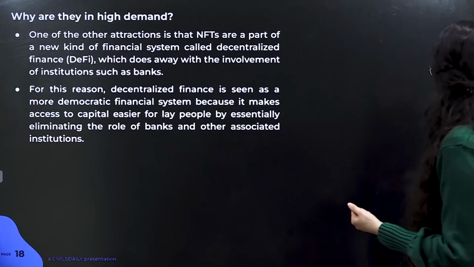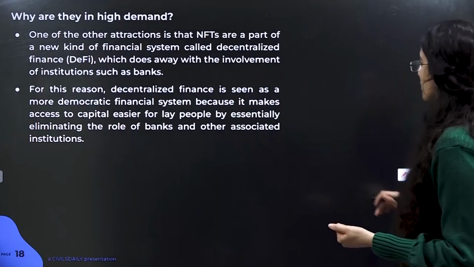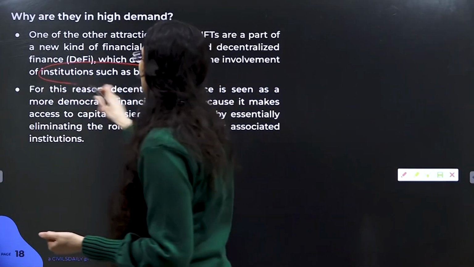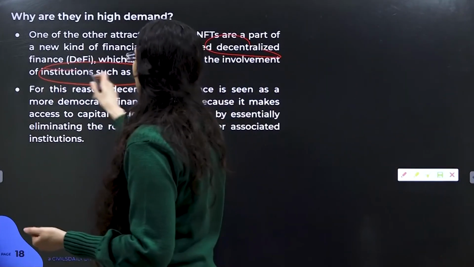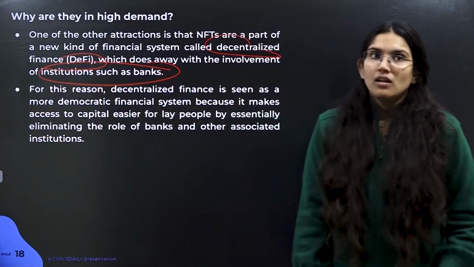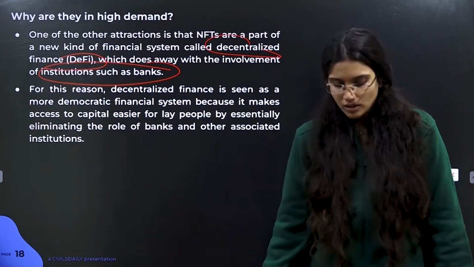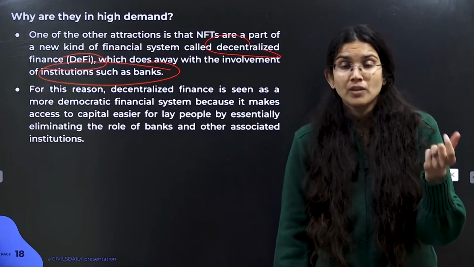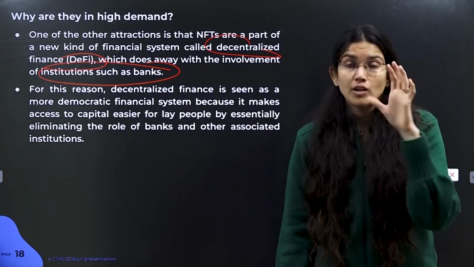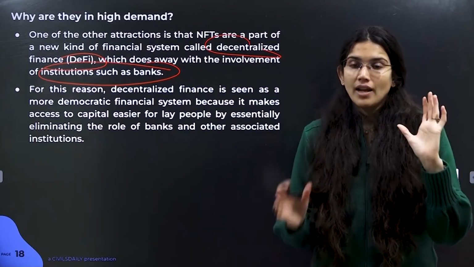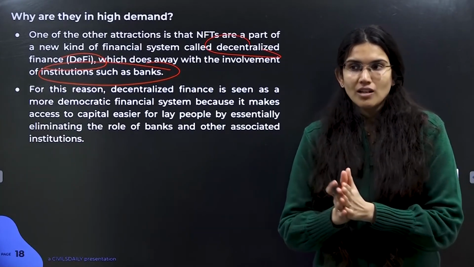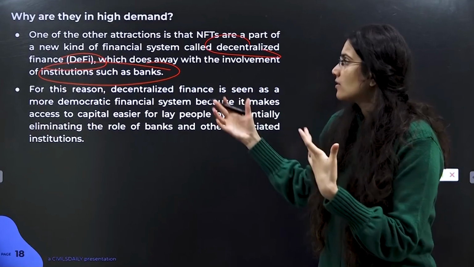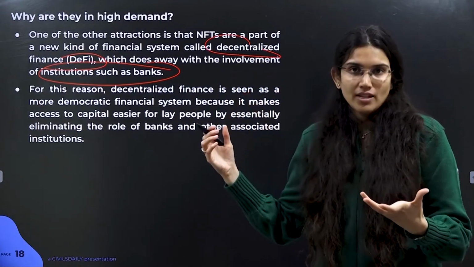Why are they in high demand? Again, they escape the involvement of institutions. They are basically decentralized finance. That is something that should be derived from when I talked about blockchain and the cryptocurrency part. Because anything that is stored on a blockchain is out of the system, a kind of decentralized system.